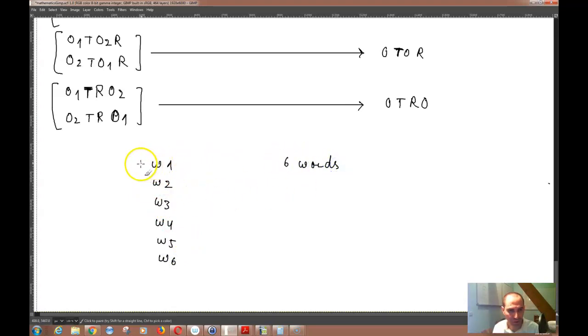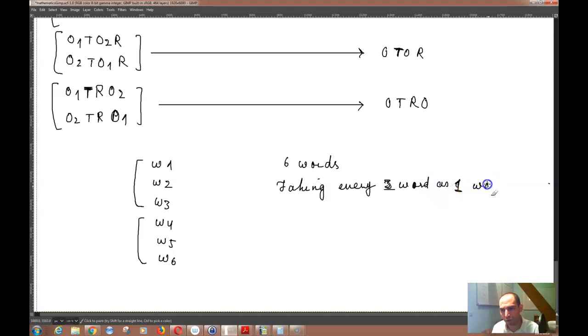Now if I told you that I take every 3 words as one word, then in order to say how many words there are now, you would just simply take the 6 words and divide by 3, which would give me 2 words here, 1 and 2, right?